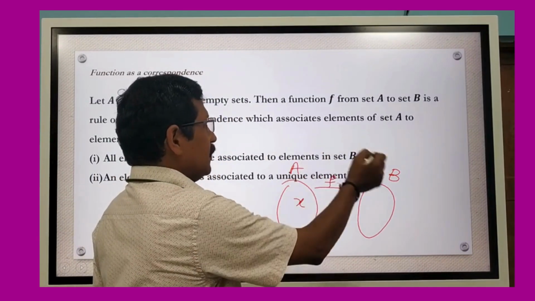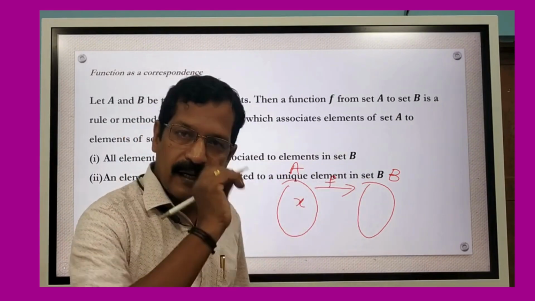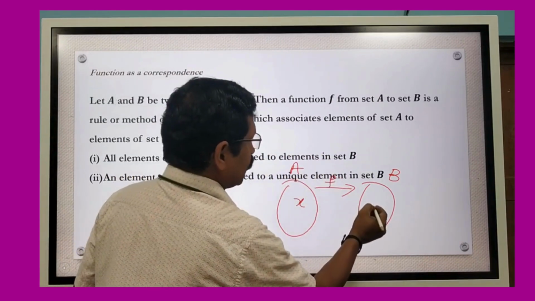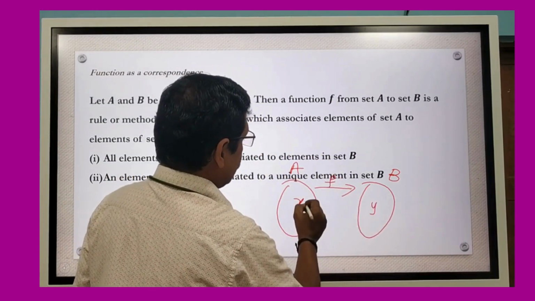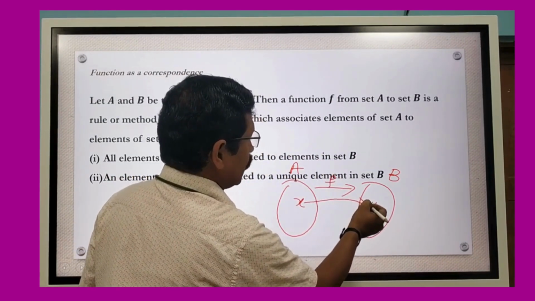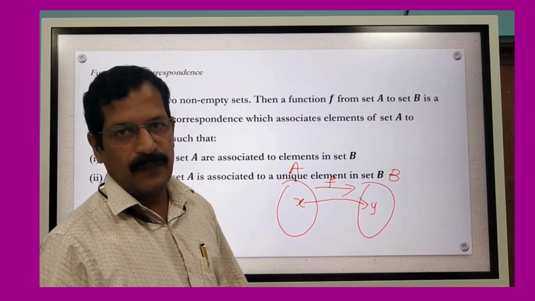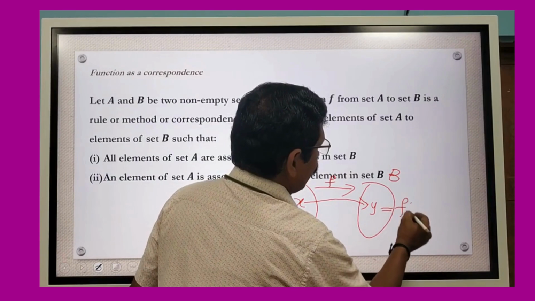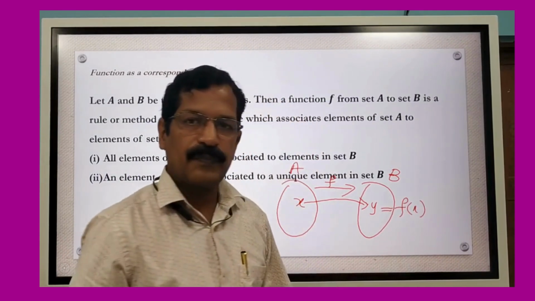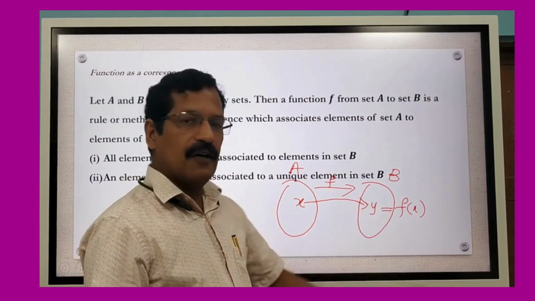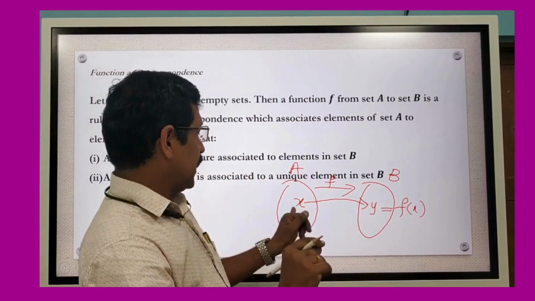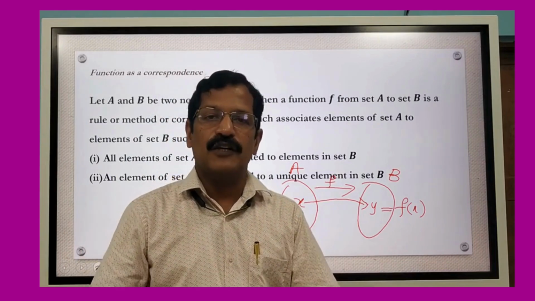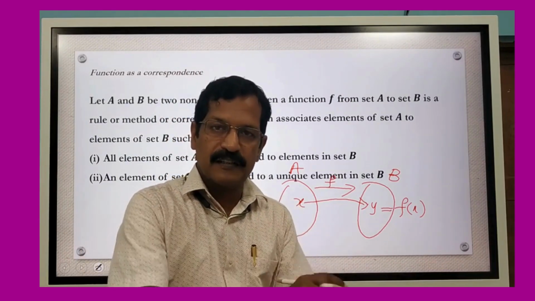This X is mapped to a unique Y element of B. Suppose Y is here. Then we write Y is equal to F of X. Here Y is called the image of X, and X is called the pre-image of Y. We have studied that in class 11.